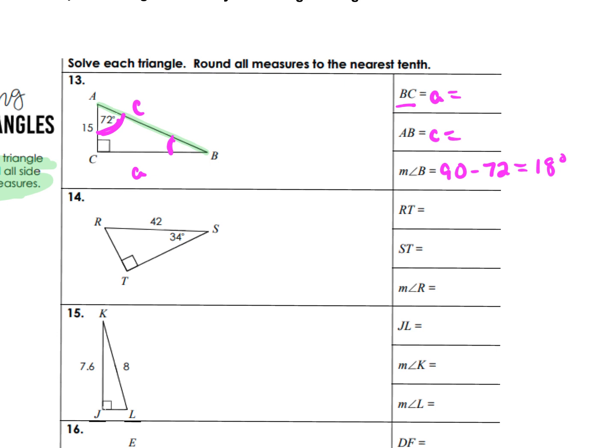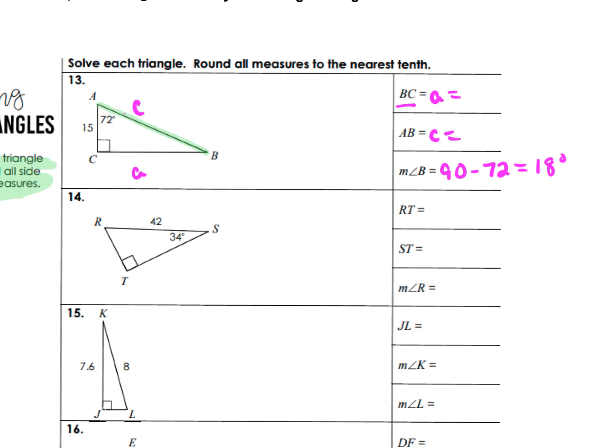Whereas if we go back to what we were originally given, we can hopefully make some corrections and get some other stuff correct. So I'm not going to use that 18, even though that's pretty likely to be accurate, but I would rather still stick with that 72 degrees and that 15 that I know.